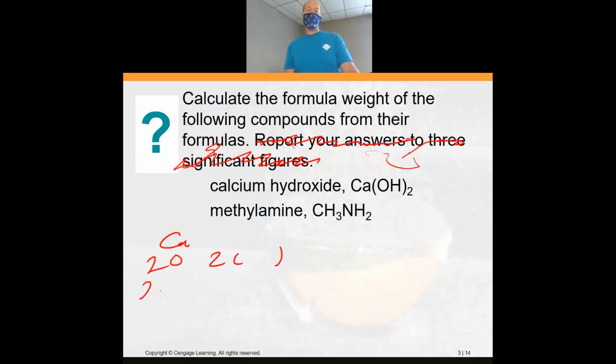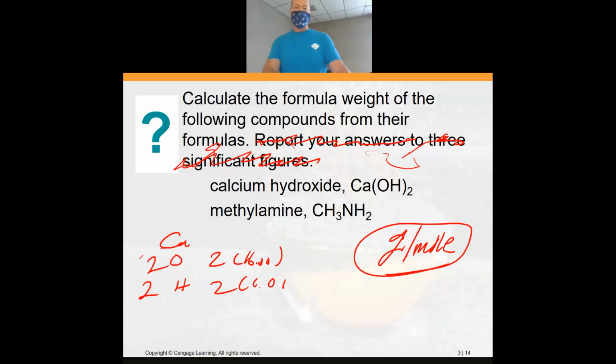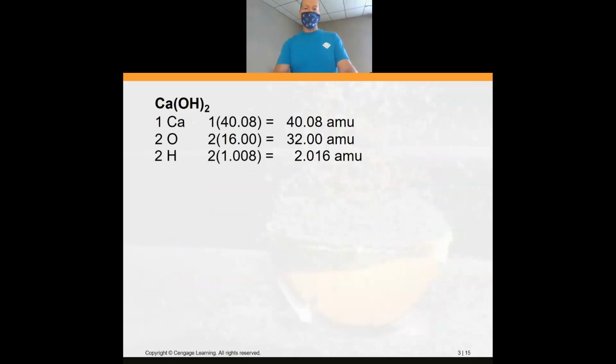Then hydrogens, you have 2 hydrogens, and 2 times 1.01. This is 16.00, and calcium is 40.0 something. You simply then add them up. Again, the key here is make sure that when you're doing a molar mass your units are grams per mole. The numbers, looking them up on the periodic table, is very simple. It is the units that people get wrong.